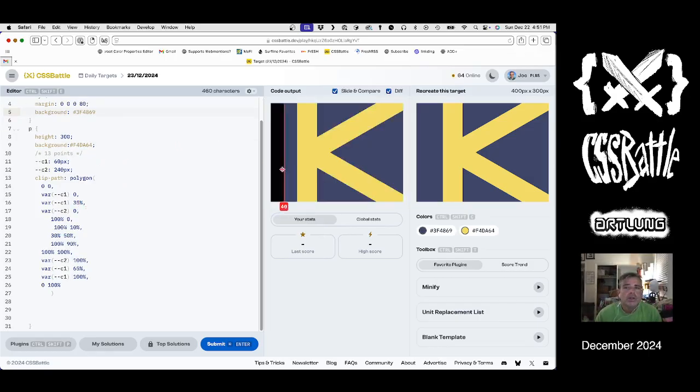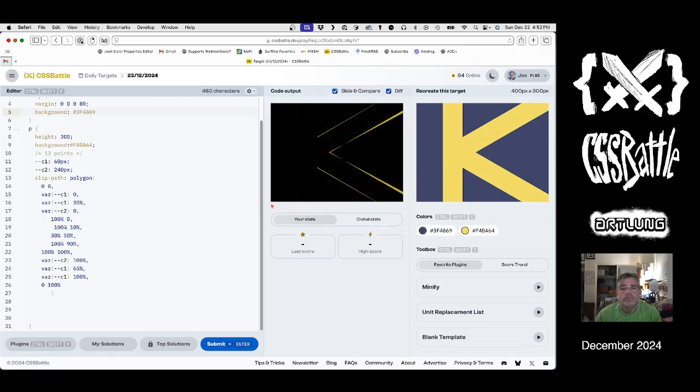All right, so I think 34%. 34.5% looks good. So let's just do 100 pixels. 1, 2, 3, 103 pixels.